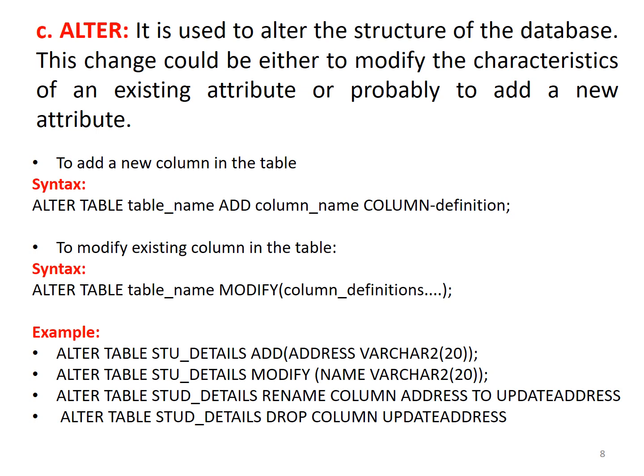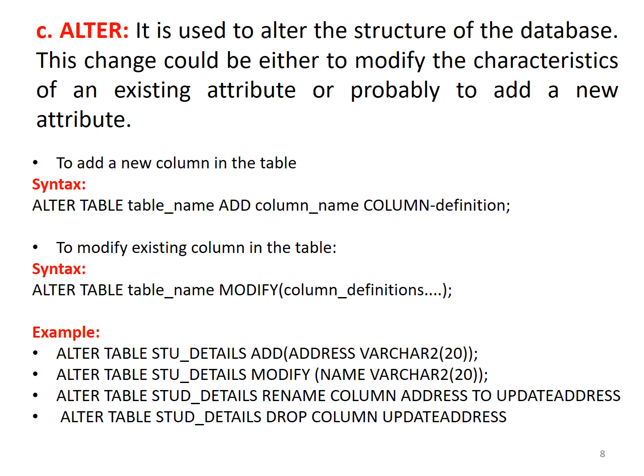If you want to add a new column, we use ADD, then specify the column name, followed by the column definition where you specify the data type. Likewise, if you want to modify an existing column, we use the MODIFY command: ALTER TABLE, table name, MODIFY, then the column attribute name, then whichever definition you want to specify.